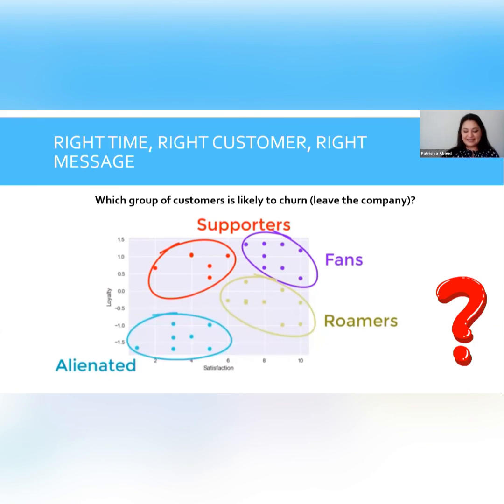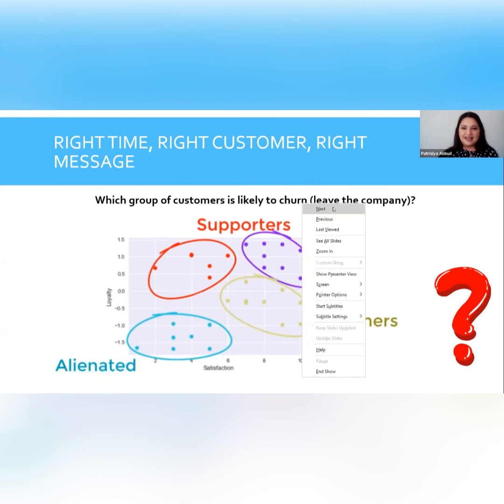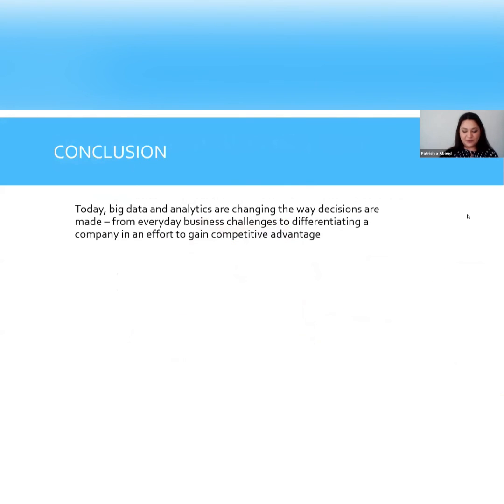So basically, this is a small example that I wanted to show you of how hands-on work can look in big data analytics. Great job to everyone who participated.